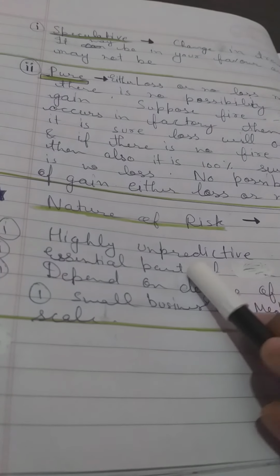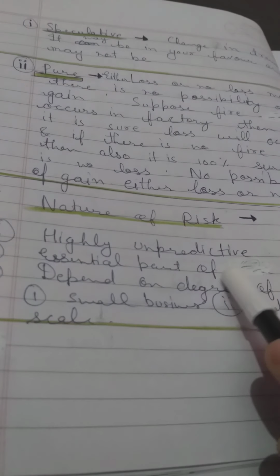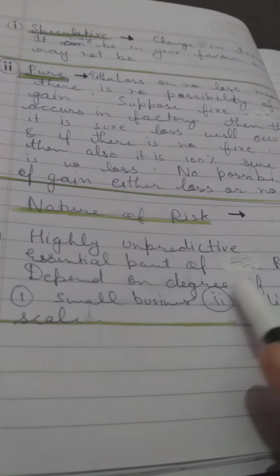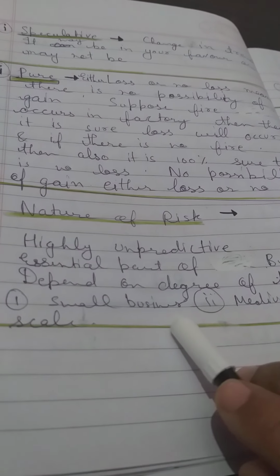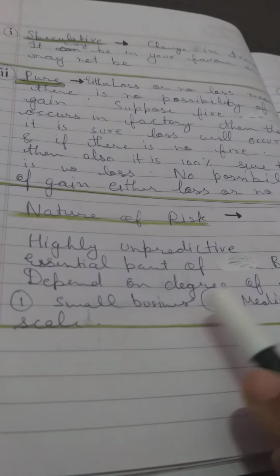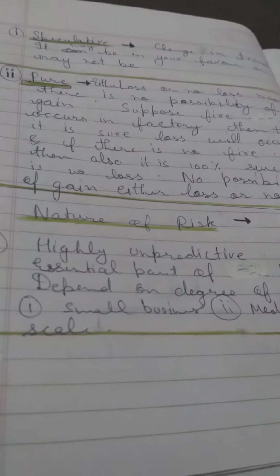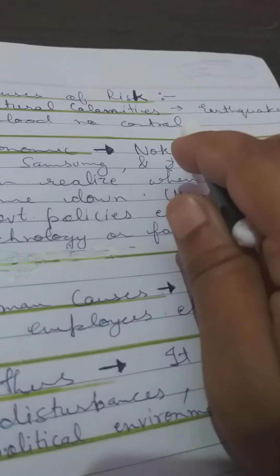Nature of risk: highly unproductive, an essential part of business, depending on the degree of business: small business, medium and large scale. So risk is highly unproductive. Causes of risk: natural calamities like earthquake, flood, over which there is no control.